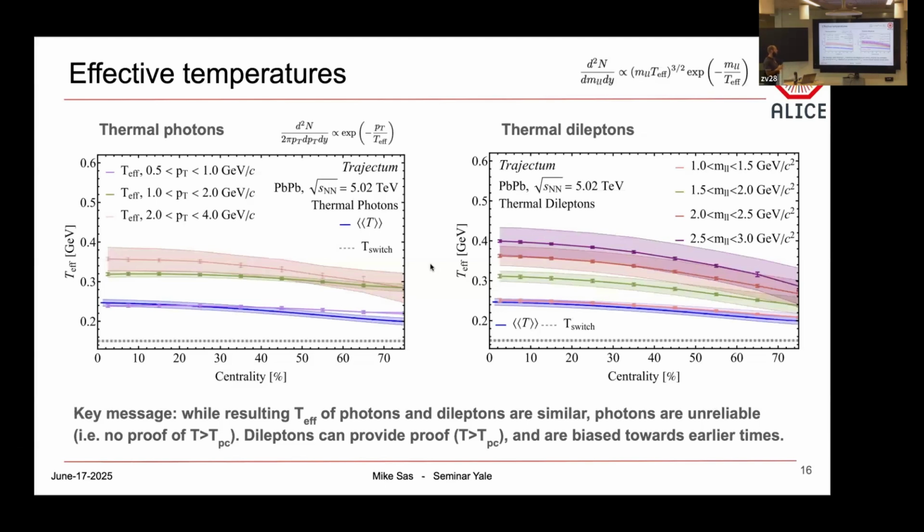But dileptons can, though depending on any analysis cut, it will always be biased to some time during your evolution. So it is still not the case that you can really measure a temperature of the QGP as a whole.